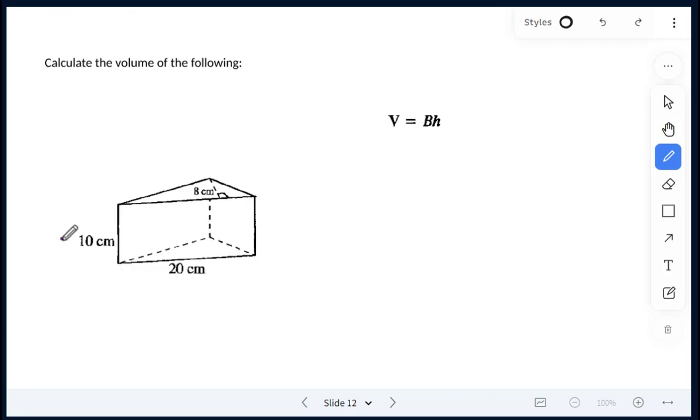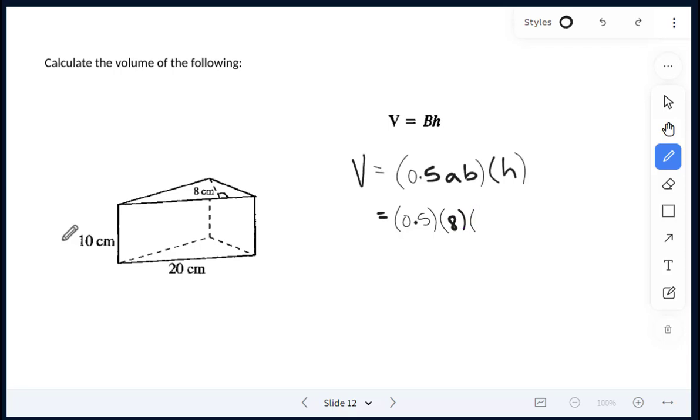Okay, so we have one more example here of a triangular prism. The volume is 0.5 AB, and then we're multiplying it by the height of the prism. So 0.5, the altitude of our triangle is 8.